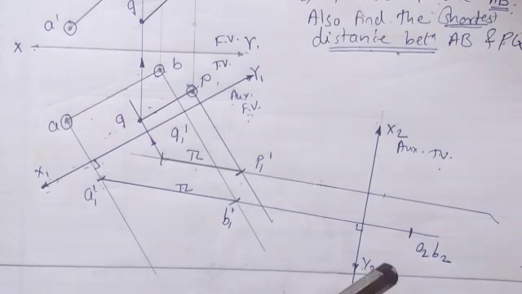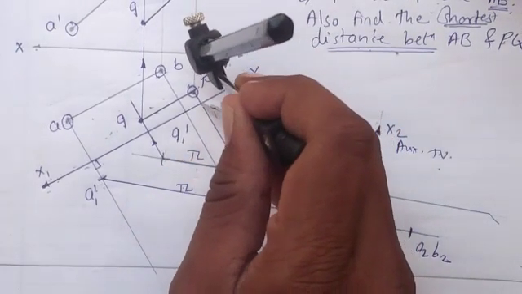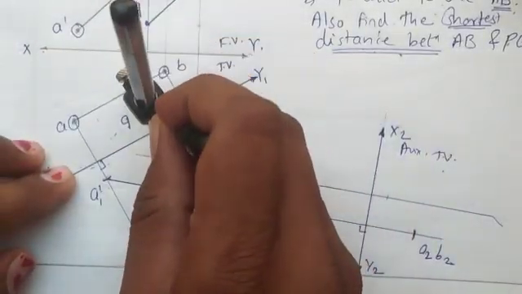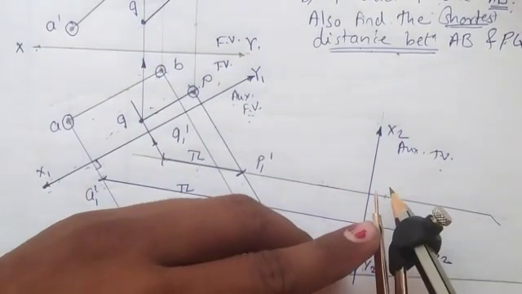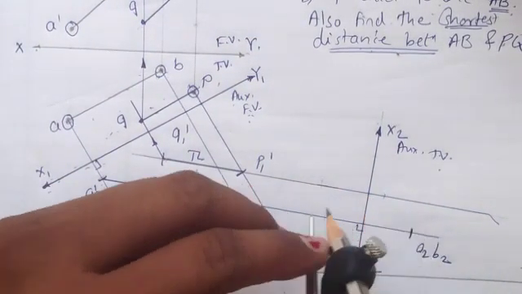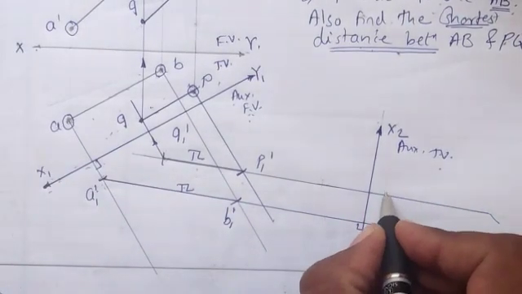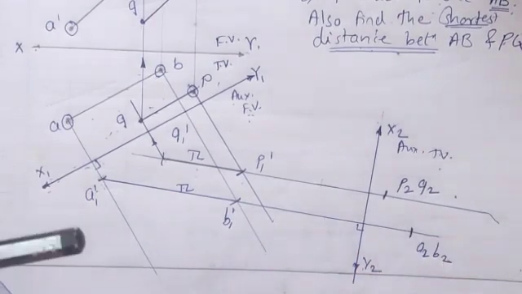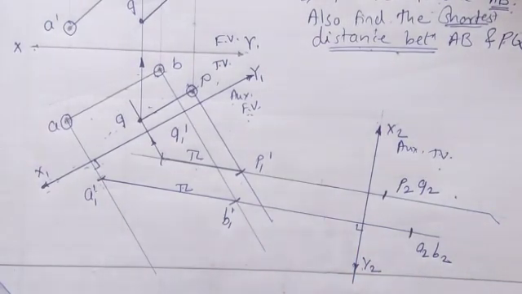Now again, take the distance of point P. Point P and point Q will have the same distance. Mark here on the projector of PQ. So P2, Q2.